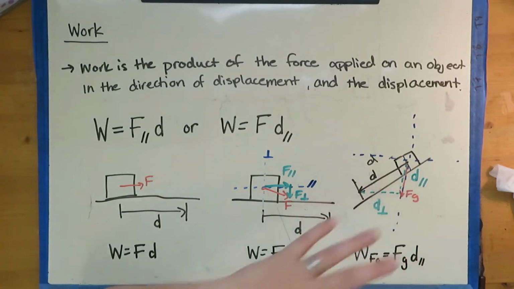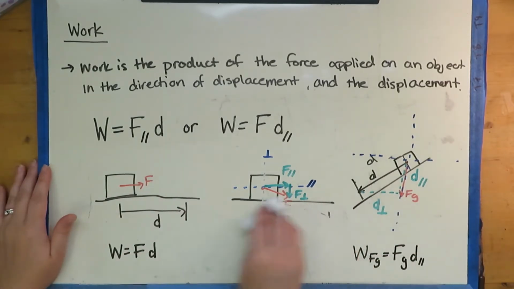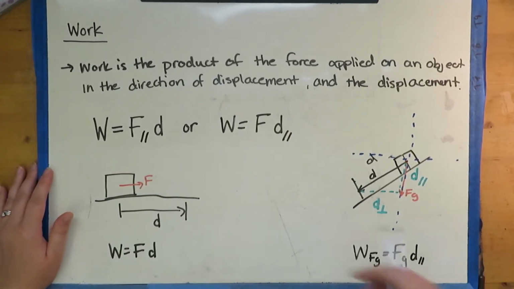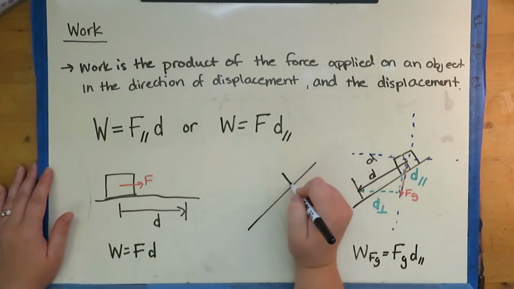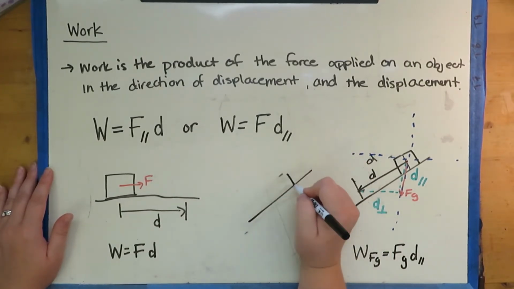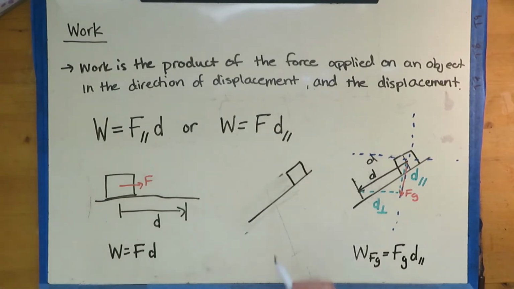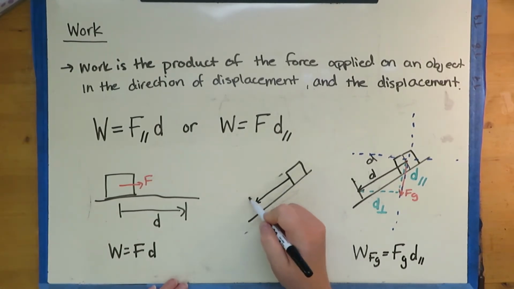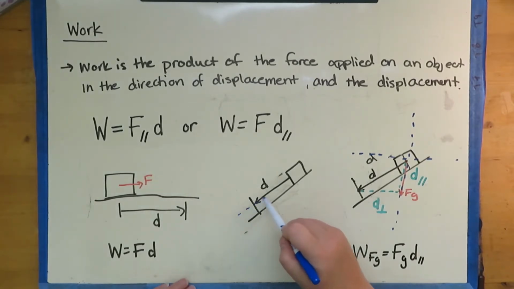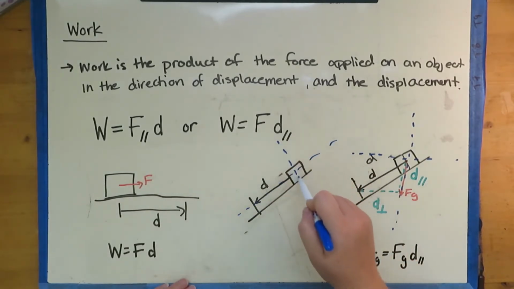Or I could take this same problem with a different ramp angle and move a displacement of D. And I can rotate my axes like I normally do on a ramp.